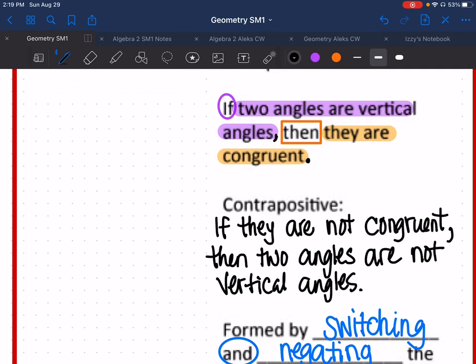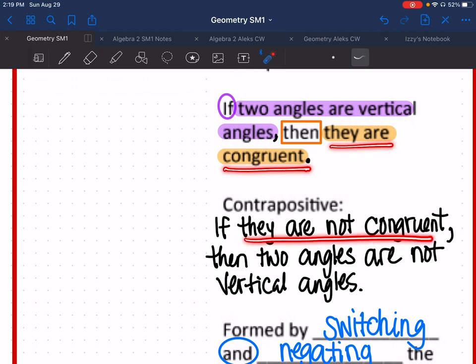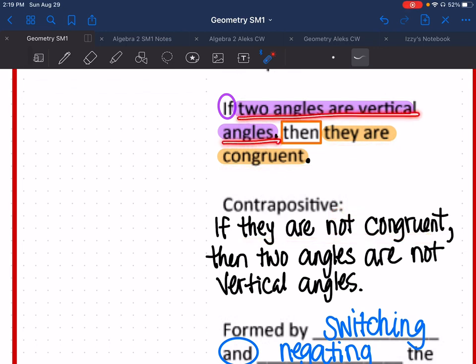Okay, so I just went ahead and switched. Notice they are congruent, they are not congruent, because remember I'm switching and negating. Two angles are vertical angles, two angles are not vertical angles, because I'm switching and I'm negating.